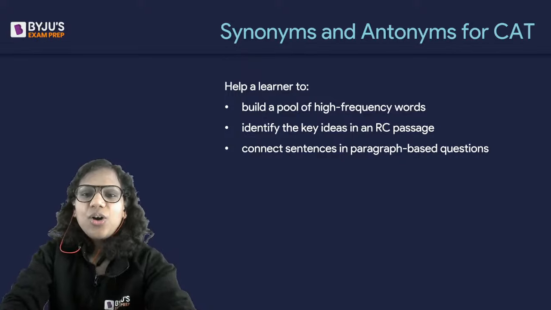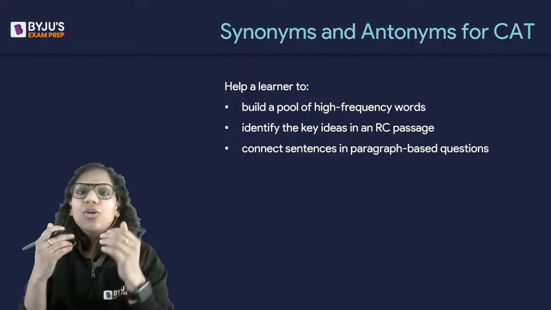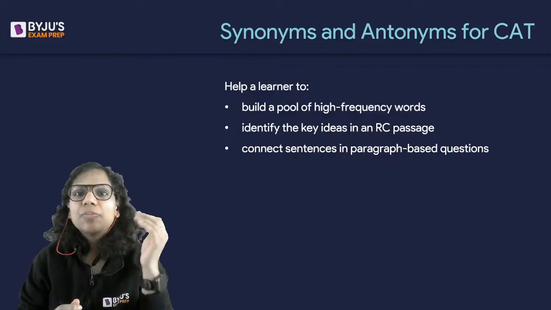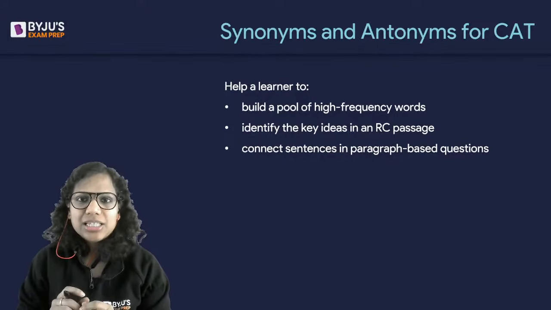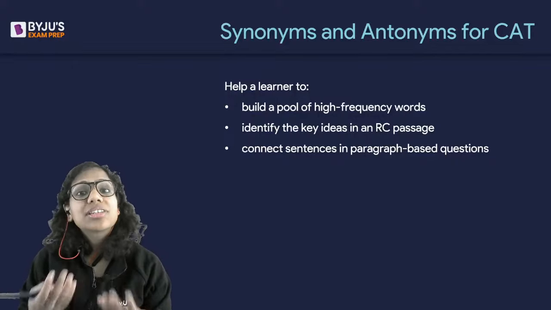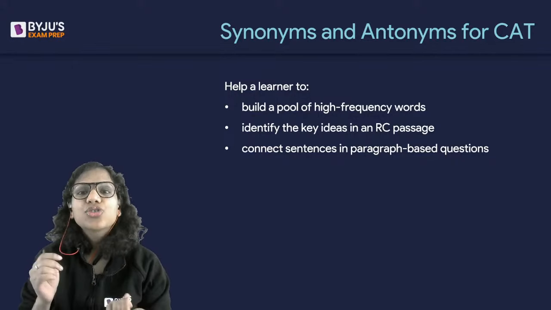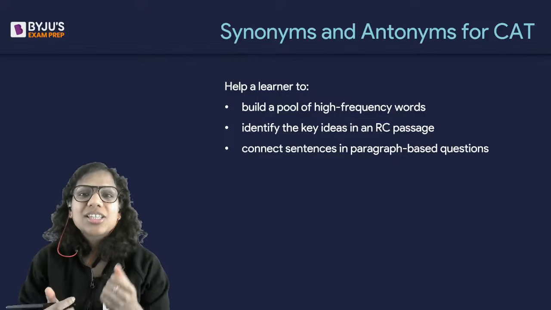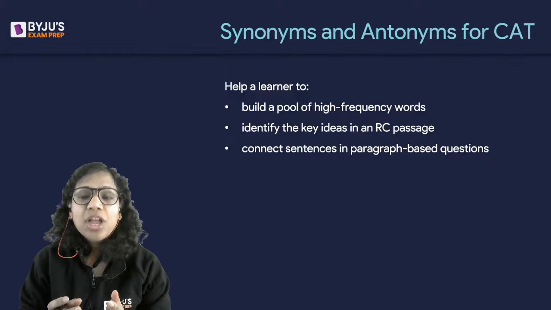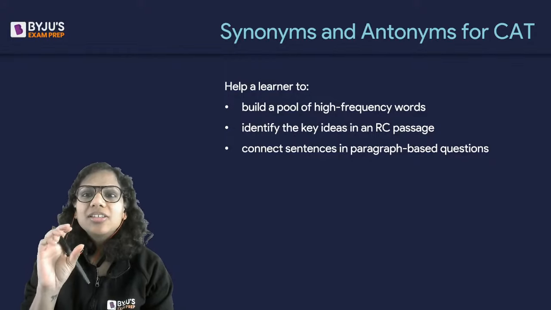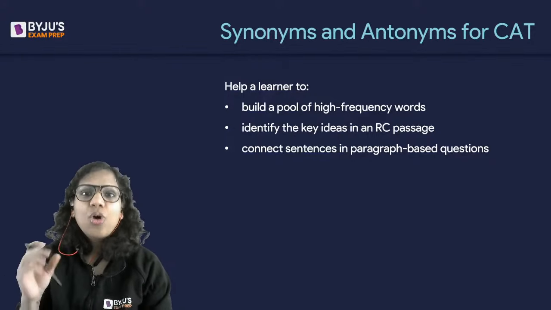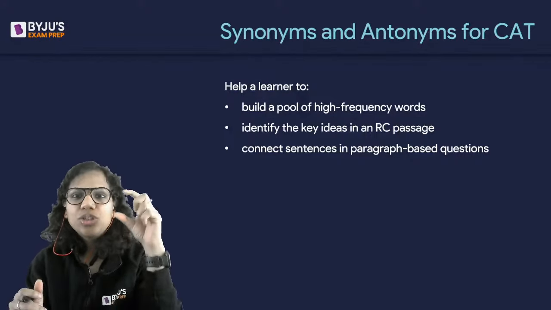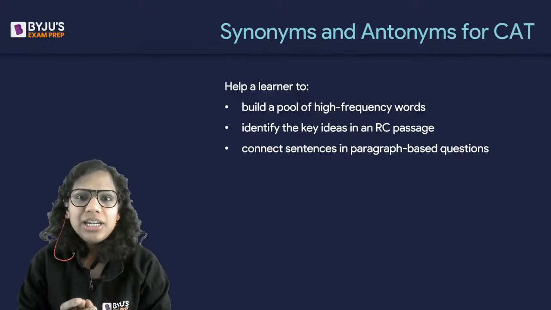And the last thing is that, of course, in your paragraph based questions, you make connections, right? So in, let's say, a parajumble, you connect various sentences. Now, last time we talked about how you use grammar to make those connections. So you make use of conjunctions, these adverbial conjunctions such as however, but, etc. But at the same time, when a certain word has been repeated or when its synonym is mentioned in two sentences, then you quickly realize, oh, these two sentences are probably closely related.